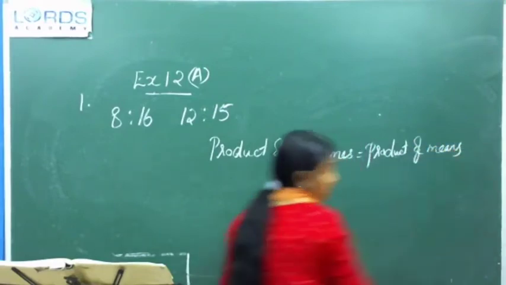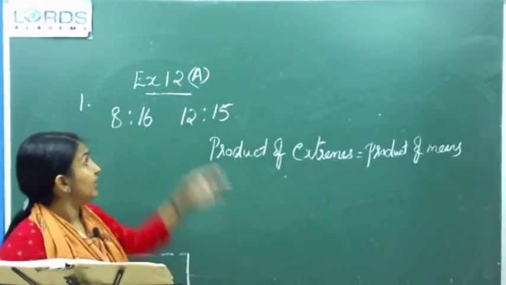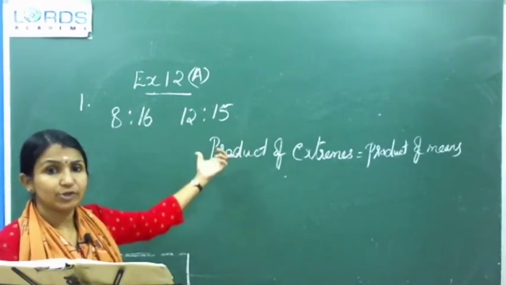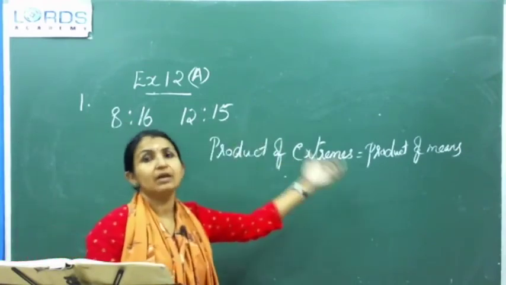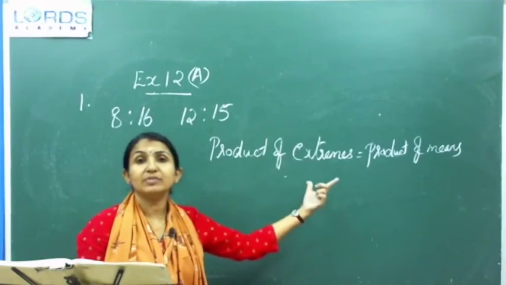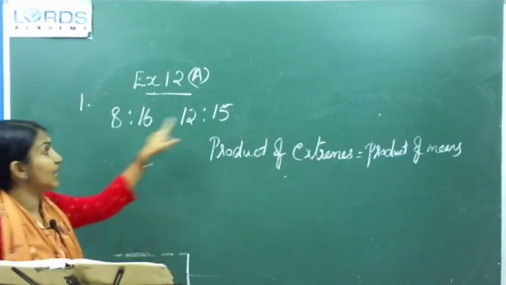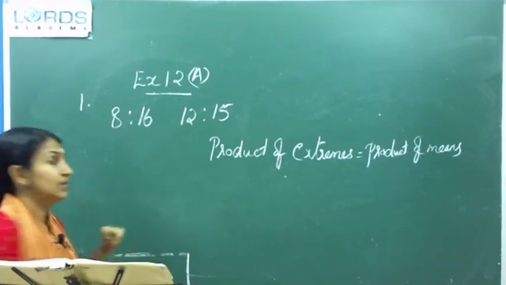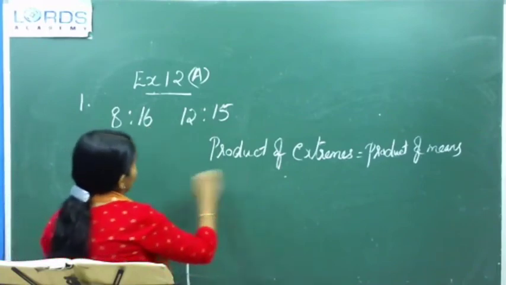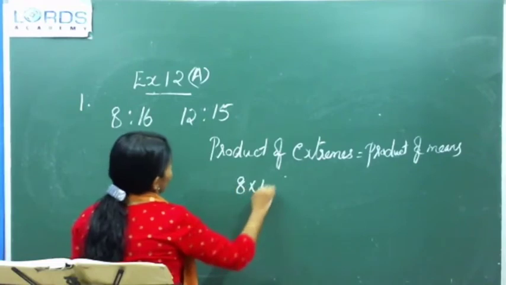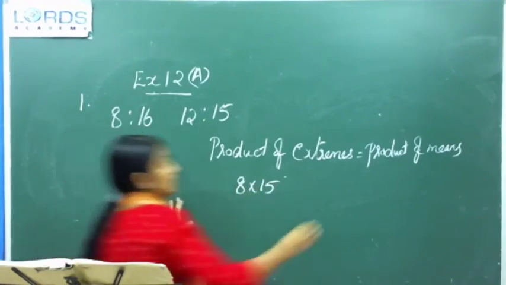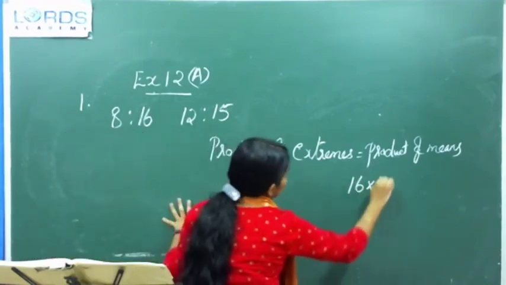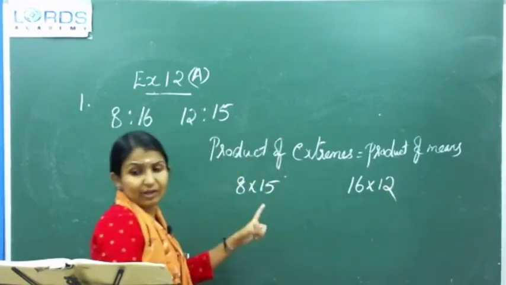Whenever the question asks whether the given ratios are in proportion, you should write this step. 8 and 15 are the extremes, and 16 and 12 are the means. So the product of extremes is 8 into 15, and the other is 16 into 12. Now find the values of these.